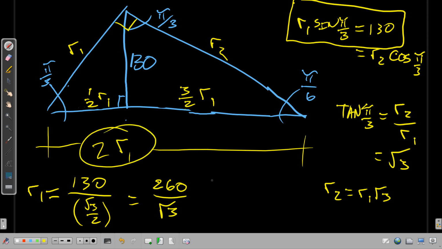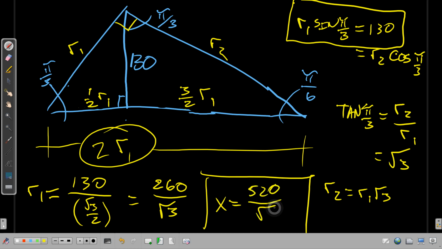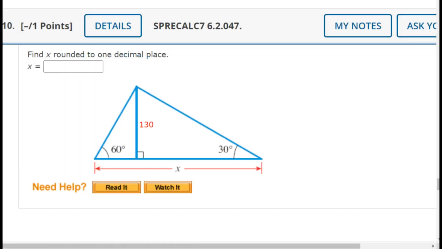And since that length is 2R1, we would have that x is equal to 520 over root 3. There was probably a shorter path to getting that done, but whatever, that gets it done.